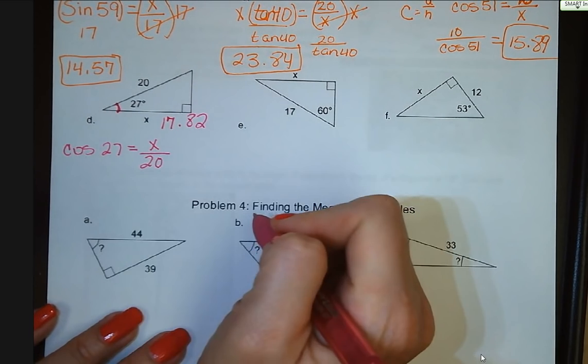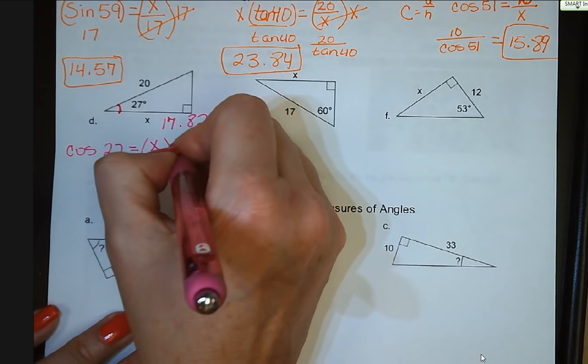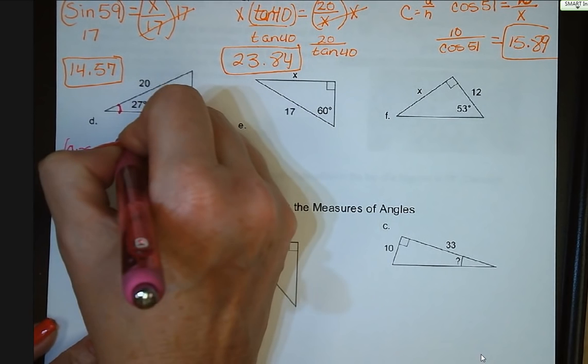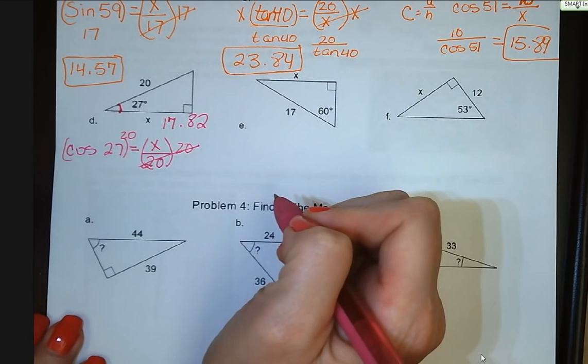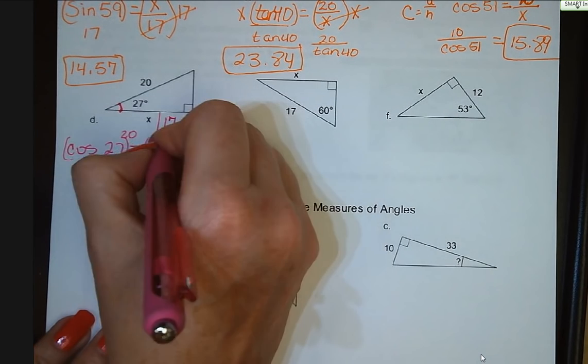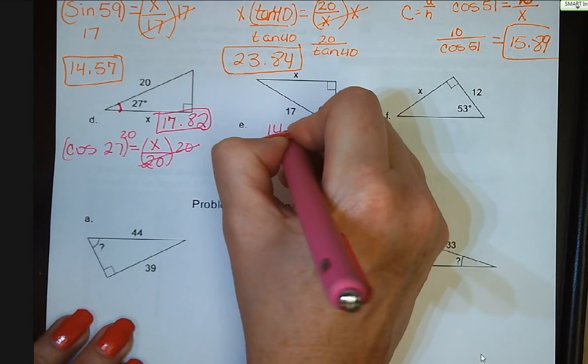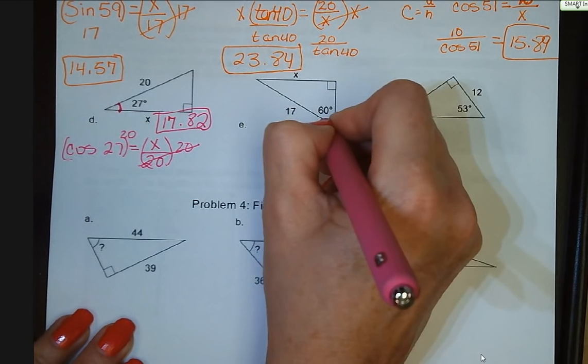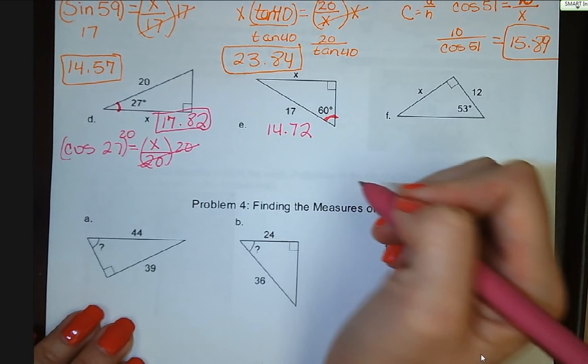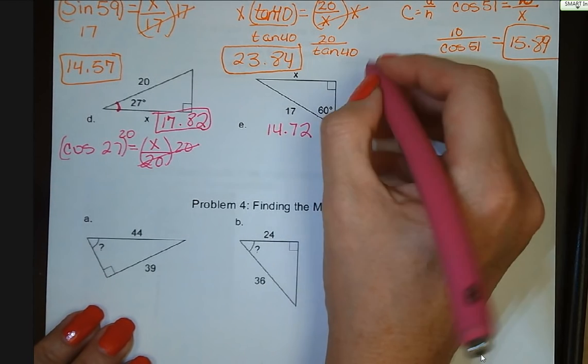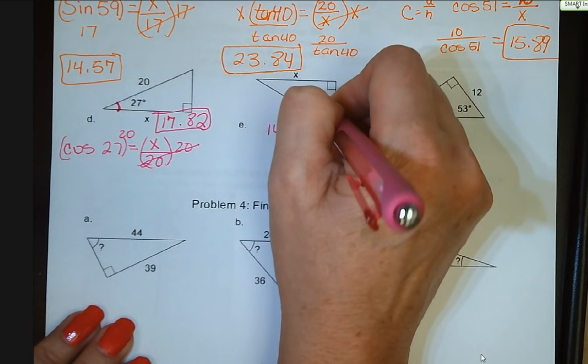All right. So multiply both sides by 20 and you get 17.82. Letter E, we're looking for the sine of 60. So let's see. Well, how do you know it's the sine? Because it is the opposite and the hypotenuse.